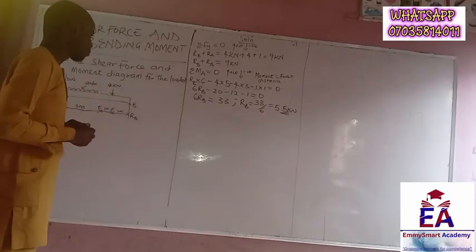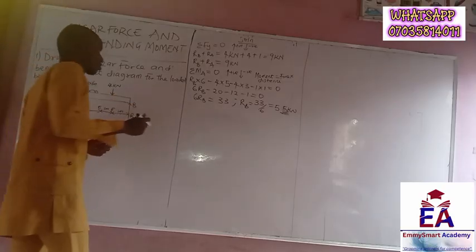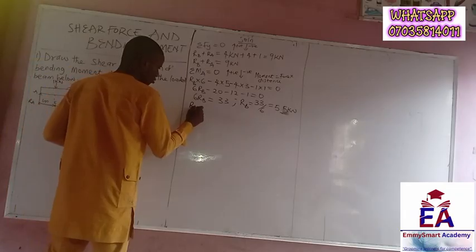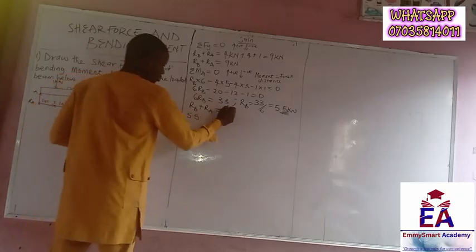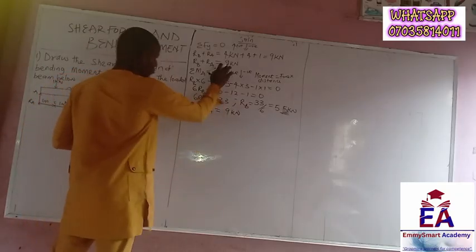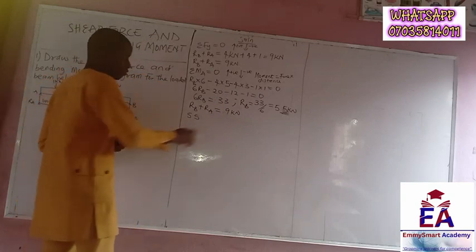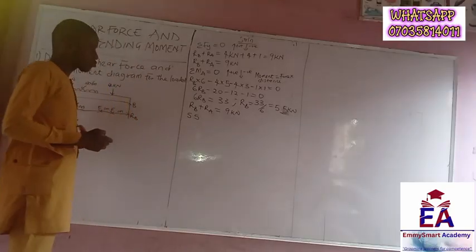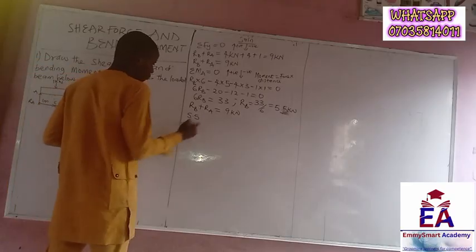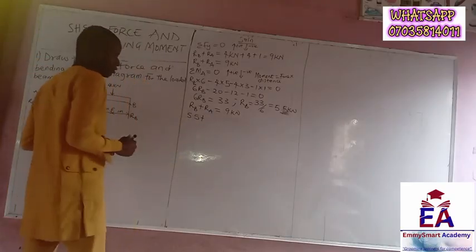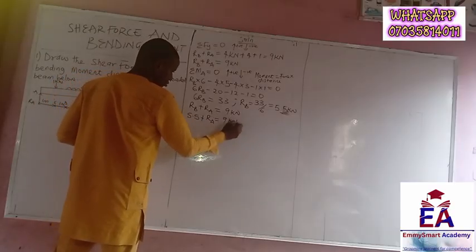So we found RB. The next thing to find is RA. Remember that RB plus RA is equal to 9 kilonewton. Remember, the sum of upward forces is equal to the sum of downward forces. The downward forces we have is 9 kilonewton. So we have 5.5 plus the reaction at A, which we are looking for, equal to 9 kilonewton.